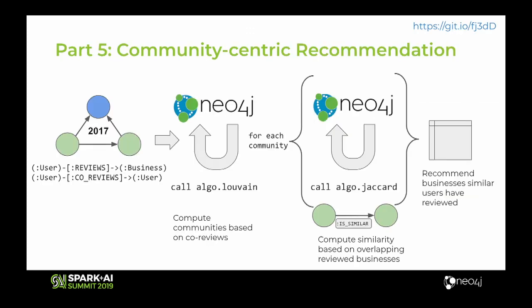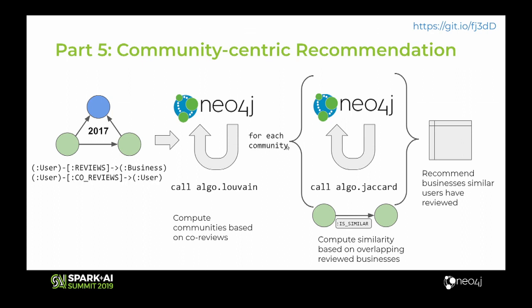So the use case here is we take the third projection that we built in our graph snapshot library that contains the co-review relationship between two users. So two users are connected if they review the same business. And it also contains the original reviews relationships to the business. So at first, we want to run the Louvain algorithm to detect communities within the user co-review business subgraph.